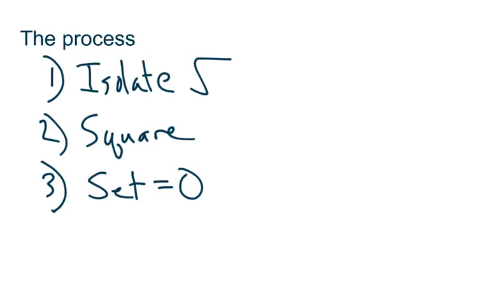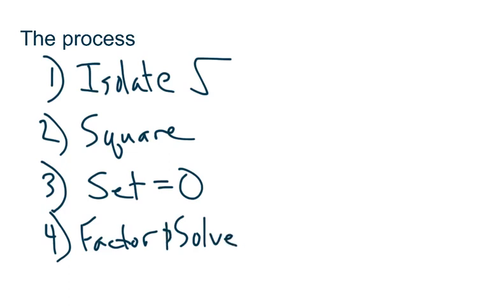So we need to get this ready to factor. That would be step 4, which is factor and solve. And then step 5 is to check. Sometimes you might have 2 answers, other times you're only going to have 1.